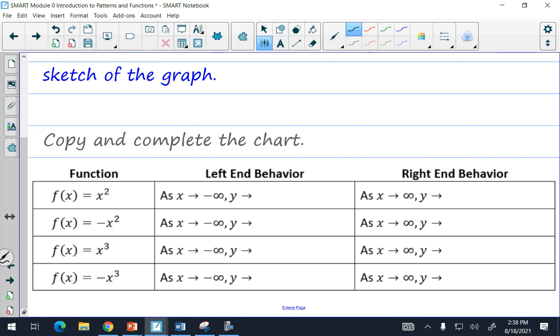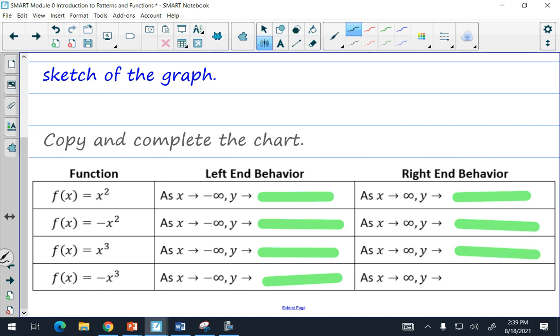We have 4 functions: x squared, negative x squared, x cubed, negative x cubed. And the part that you are filling in is right here. For each of these, you are exactly going to put in either infinity if it is going up, or negative infinity if it is going down.